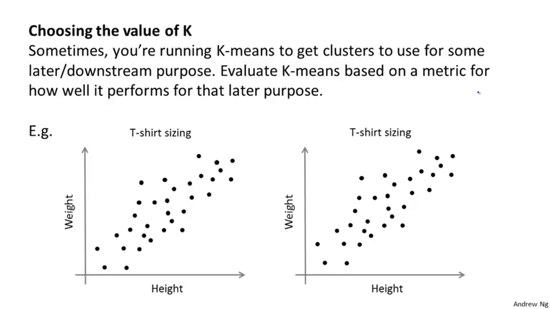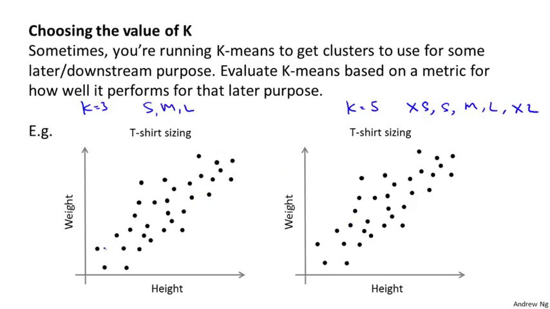Let's say we go through the t-shirt sizing example again, and I'm trying to decide, do I want 3 t-shirt sizes? So if I choose k equals 3, then I might have small, medium, and large t-shirts. Or maybe I want to choose k equals 5, and then I might have extra small, small, medium, large, and extra large t-shirt sizes. So kind of like 3 t-shirt sizes, or 4 or 5 t-shirt sizes. We could also have 4 t-shirt sizes, but I'm just showing 3 and 5 to simplify this slide for now.